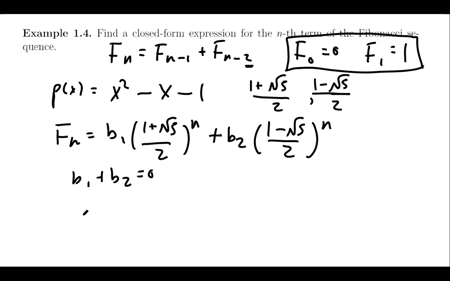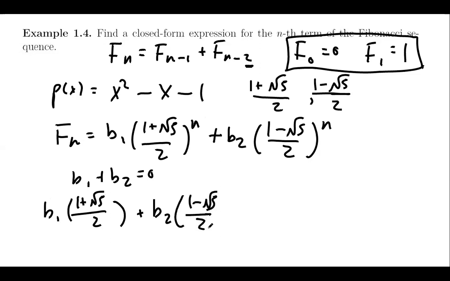And then also, if we plug in 1, we get b1 times 1 plus root 5 over 2 plus b2 times 1 minus root 5 over 2 equals 1. So this is our system of equations.